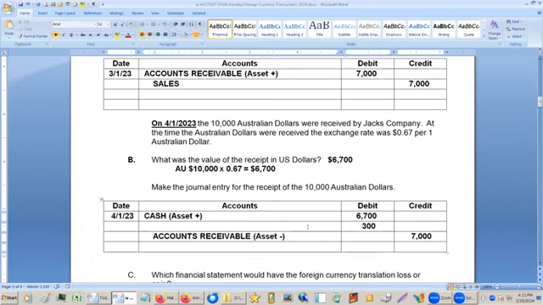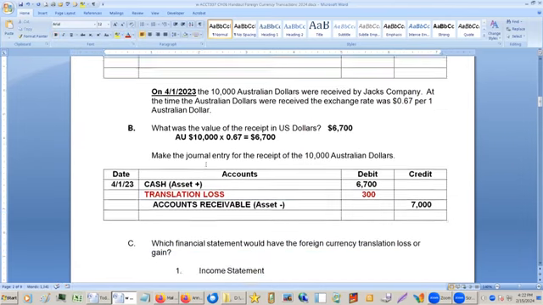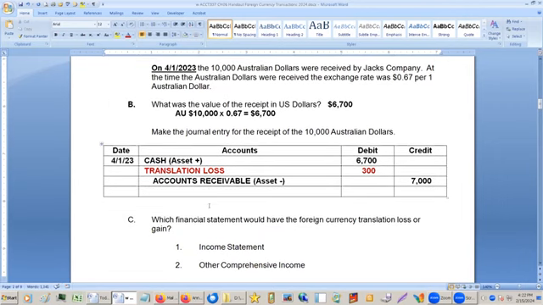A loss, right? Because you got paid less. Yep. So this will be a translation loss of $300. And that would go on the income statement.